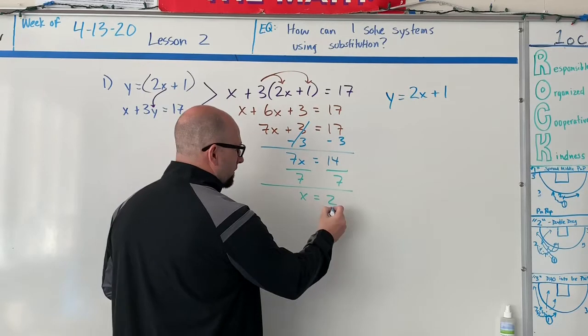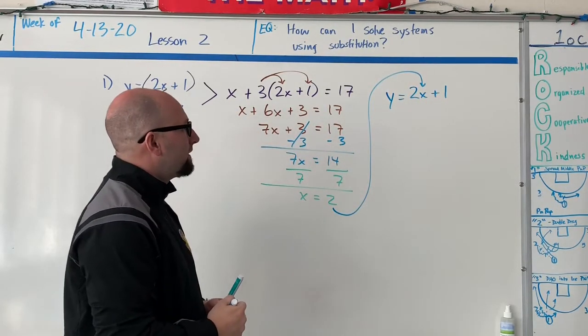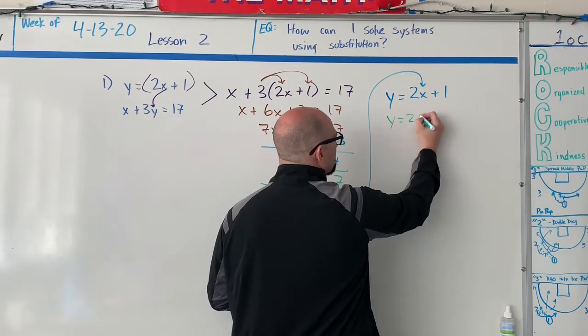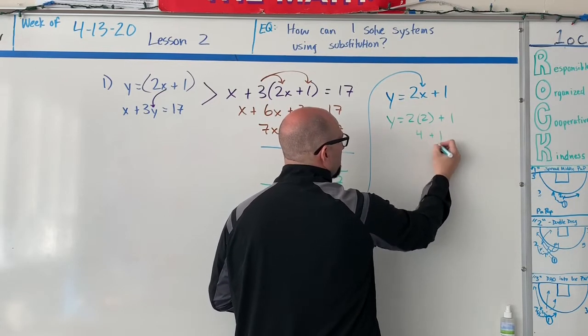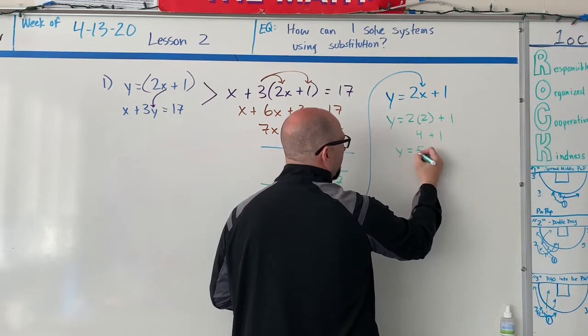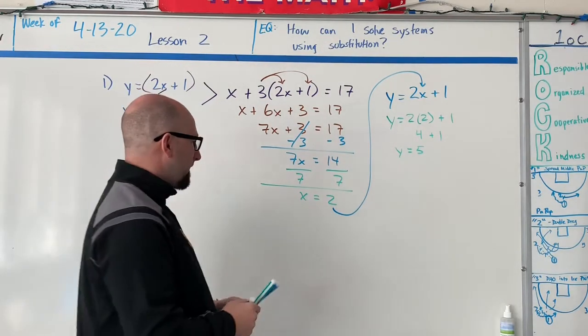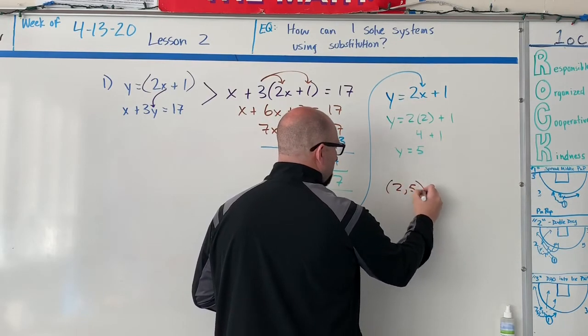So we plug the 2 in right there. We have y equals 2 times 2 plus 1. That's 4 plus 1. y equals 5. And there is your coordinate point. So we've got our solution of (2, 5).